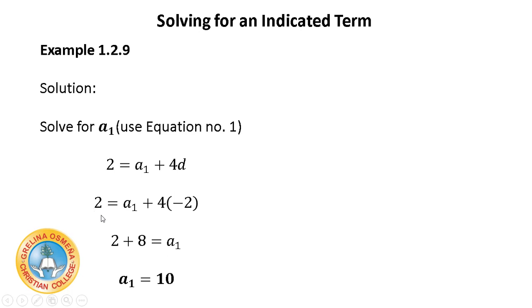So we have 2 equals a sub 1 minus 8. To remove the minus 8 on the right side so that only a sub 1 remains, because we're looking for a sub 1, we have to add 8. Negative 8 plus 8 is 0. And what we do on the right side we also do on the left side, so we have positive 8 there. So 2 plus 8 is 10. That's why a sub 1 equals 10.